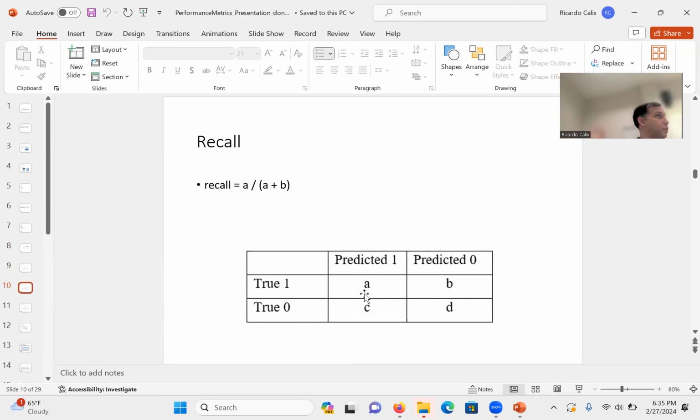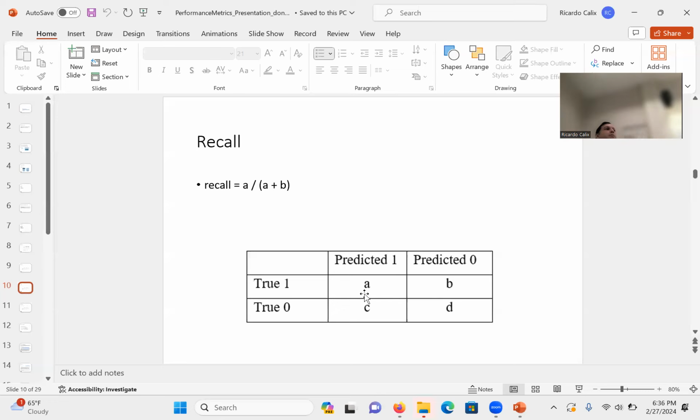Out of all of the real ones, we don't want to miss anything here, right? So out of all, how many did we get? You guys see that? So out of cancer cases, how many does our model detect? We don't want to miss even one cancer case. You see that? Because that means somebody could die.